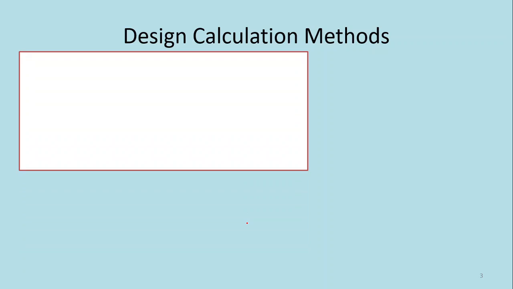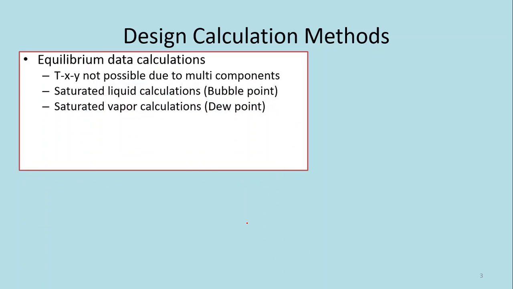So what should be the design calculations? As we have discussed earlier, for any calculations or for any design of a distillation column, the first thing we need is the equilibrium data. In the binary system we have gone through the TXY data, but in the multi-component system it is not possible because there are multiple components.